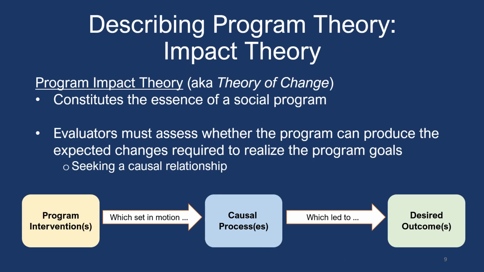So let's spend some time describing program theory and especially focusing on the impact theory portion of that. If you reference the preceding slide, one branch of program theory is the impact theory. It's also referred to often as the theory of change, which I really like because it really helps me remember which one we're referring to.